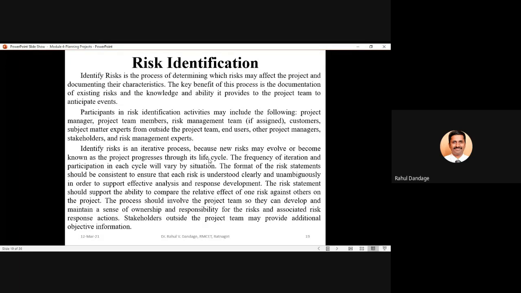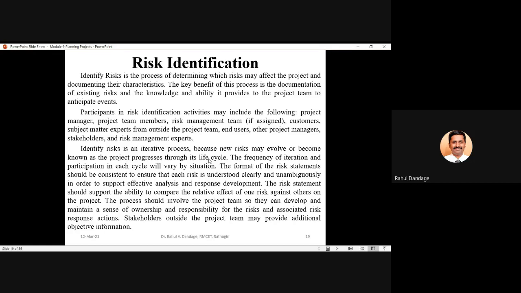You should not neglect or ignore some entities, some people, because their opinions may be very, very valuable in the risk identification process. Your risk identification should be very thorough, in depth, so that nothing will be left, nothing will be neglected, nothing will be ignored.